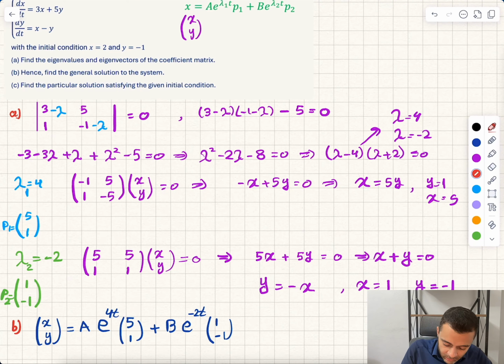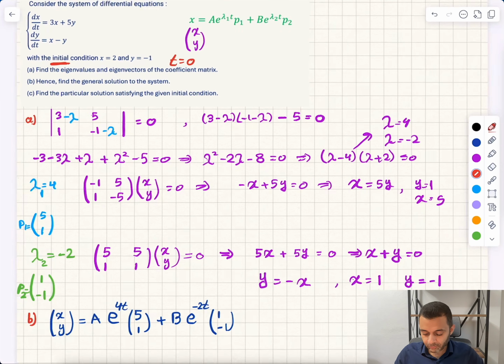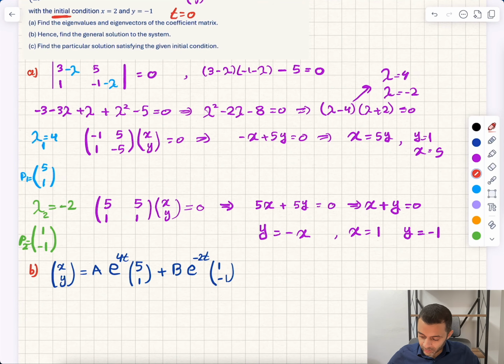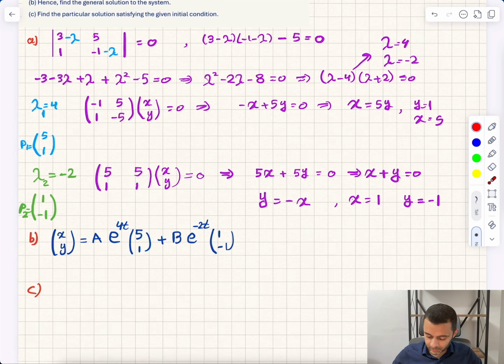Now, initial condition means the time, or t, is 0. So we will replace x by 2, y by negative 1, and t by 0 here in this now. So in question C, we will replace the x and y here by 2 and negative 1, as you see.